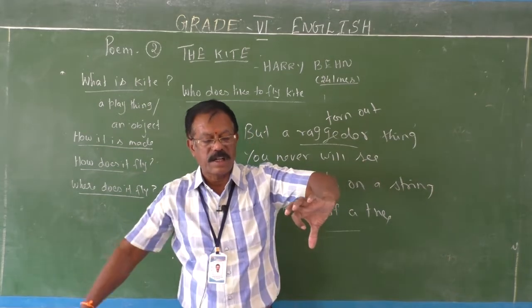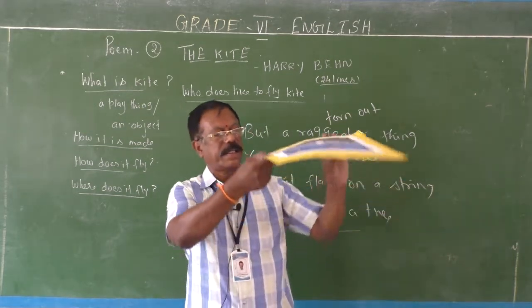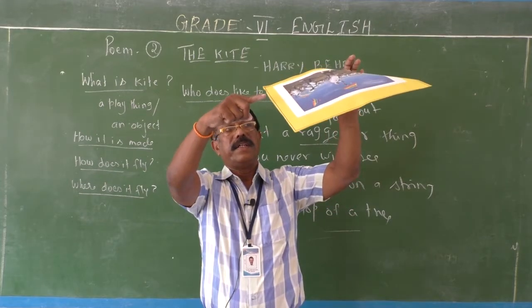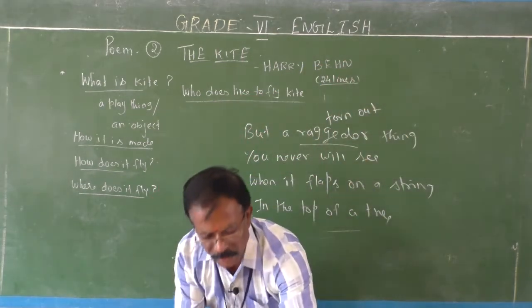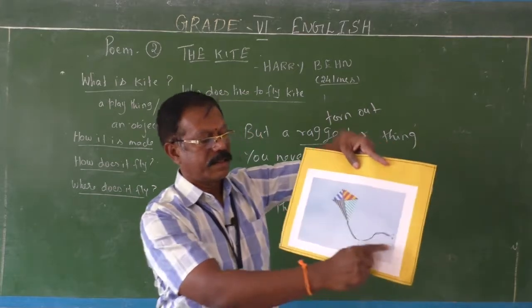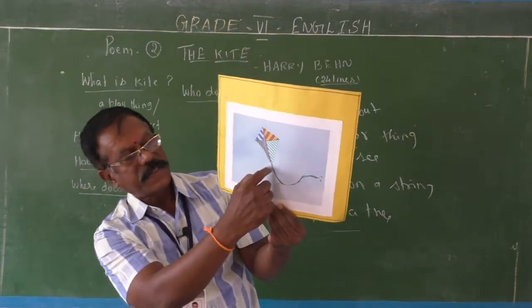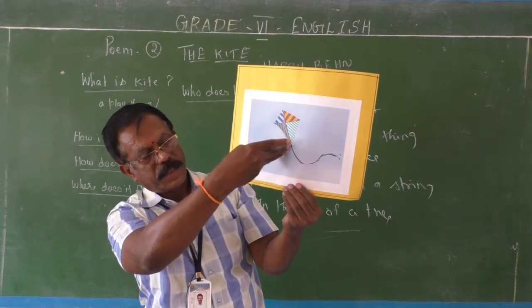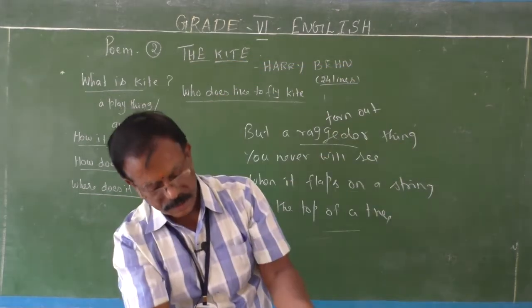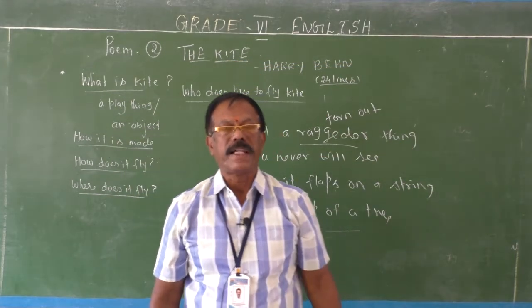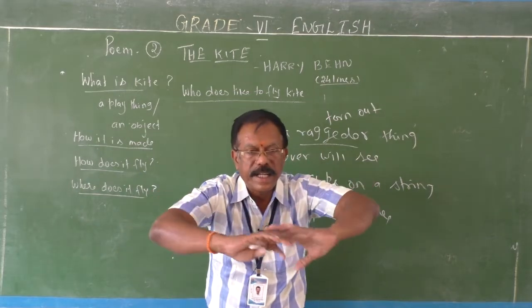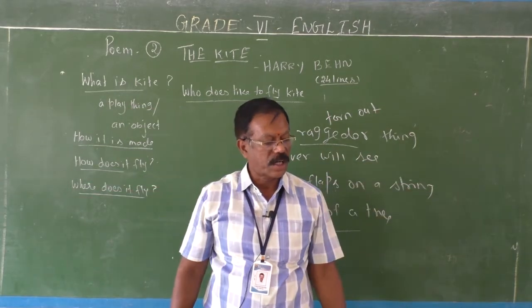When the string cuts off, suppose this kite, when the string attached cuts off, it just comes and falls. See, this kite flies so high. When the string attached cuts off, then it comes down so fast and it just falls on the top branch of the tree. Then it is torn out.